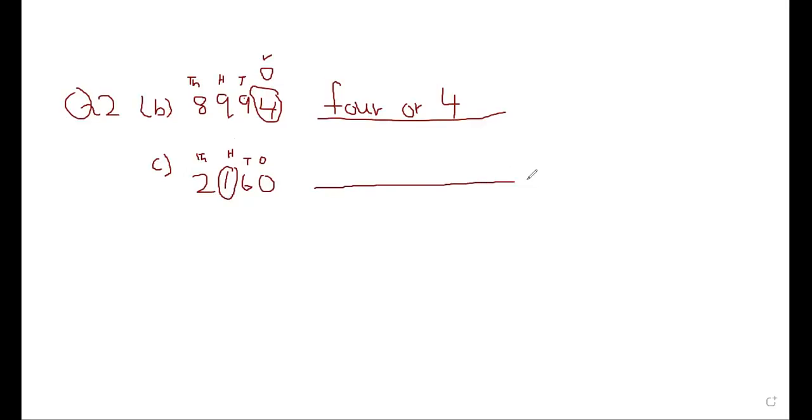So the answer of this one is 100. Or as a number, how are we going to write 100? 1, 0, 0.